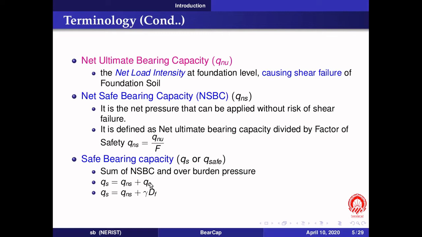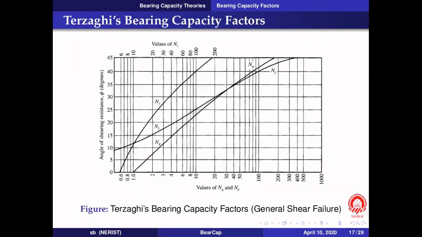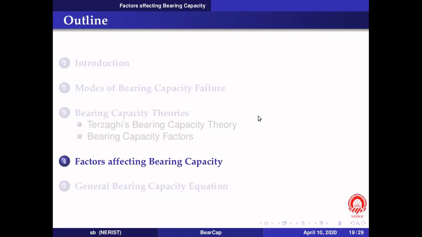Note that we do not divide the surcharge by the factor of safety to find out the gross safe bearing capacity. So that is important to note. Now coming back to what we had been discussing, the bearing capacity factors. These are the bearing capacity factors which can be read directly from the corrected N value of the soil.